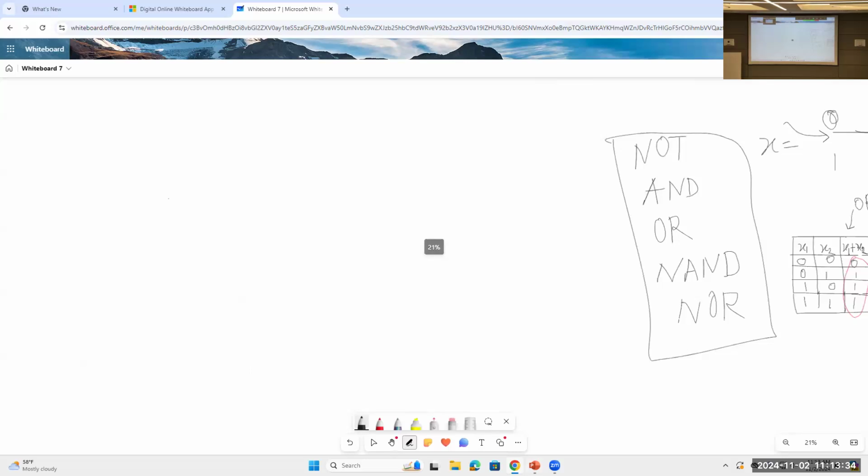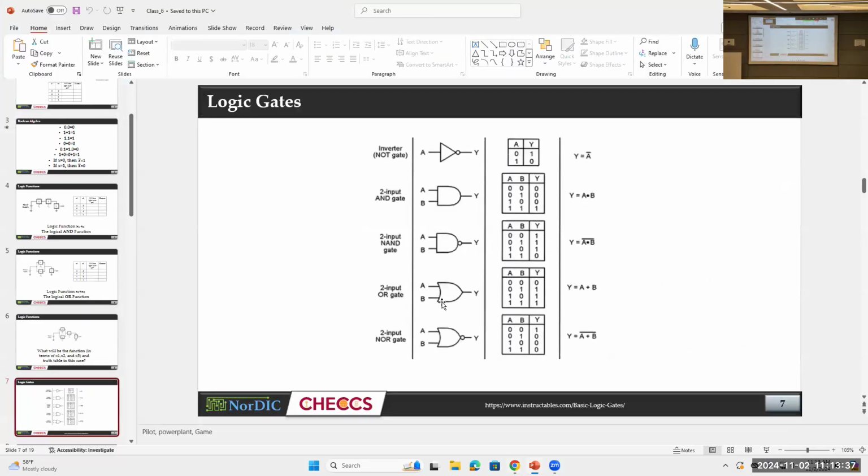We have learned the gate symbols here. As you can see, this is the OR gate symbol. So how is the NAND gate symbol? The NAND gate symbol is simple because this is the AND gate.